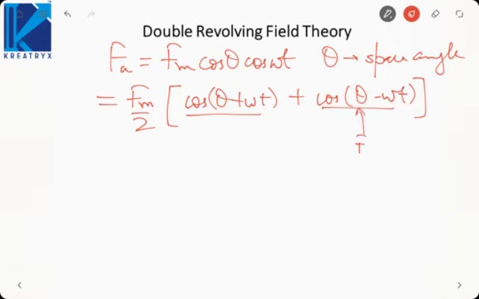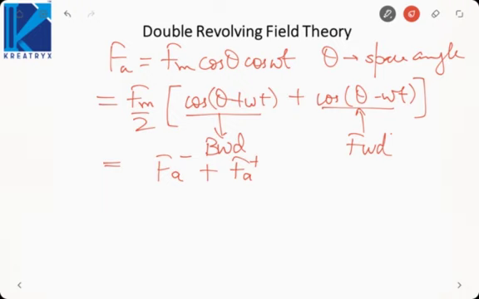So this is forward and this is backward. So we have one forward rotating MMF, one as backward. So this will be represented as Fa negative plus Fa positive. Positive means the forward rotating, negative means backward rotating.